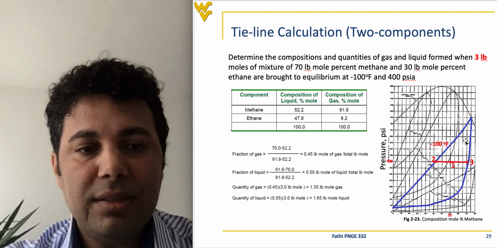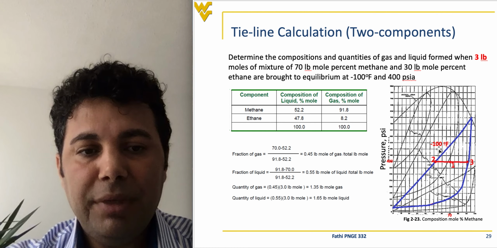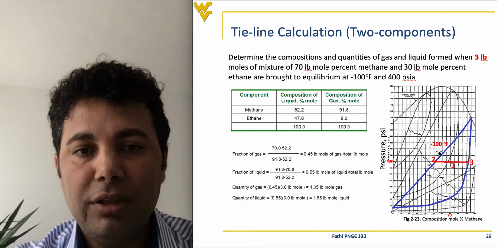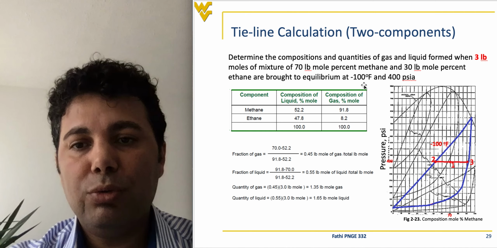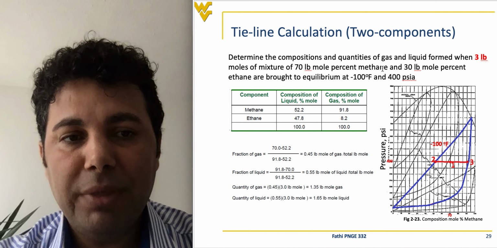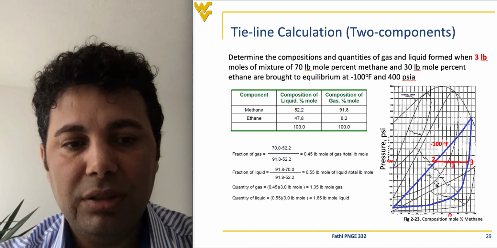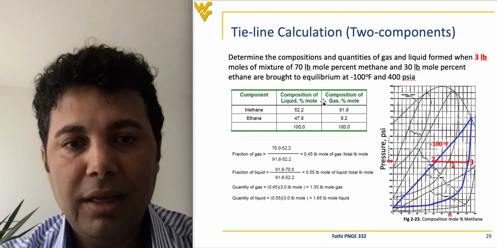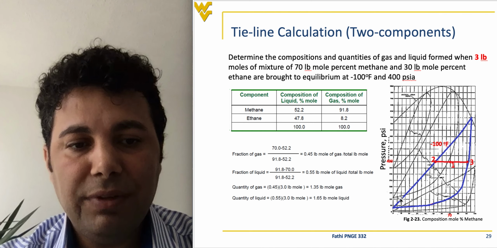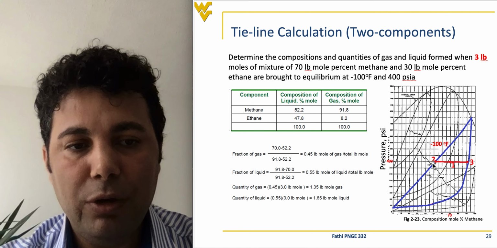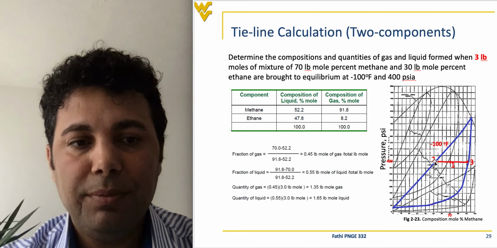For example, this envelope in blue is for different mixtures of methane and ethane at minus 100 degree Fahrenheit, which basically corresponds to this example. So this blue phase envelope corresponds to minus 100 degree Fahrenheit.